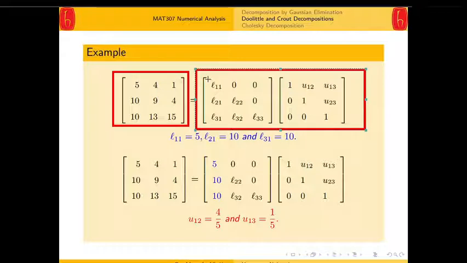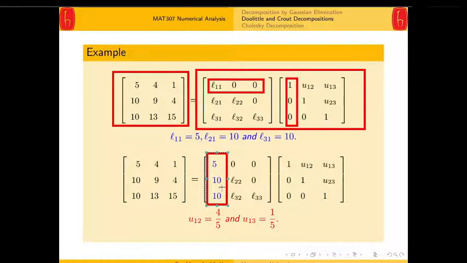If you multiply the rows of the L matrix with the first column, we obtain L11 is equal to 5, L21 is equal to 10, and L31 is equal to 10. So this is something we can find immediately.